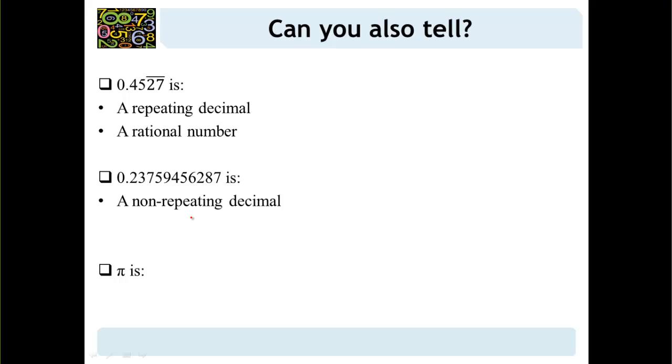With the last one, pi is also a non-repeating decimal. Now, for these non-repeating decimals, we didn't write rational number. What are they now? They are irrational numbers. But remember, irrational numbers are not in our objectives.